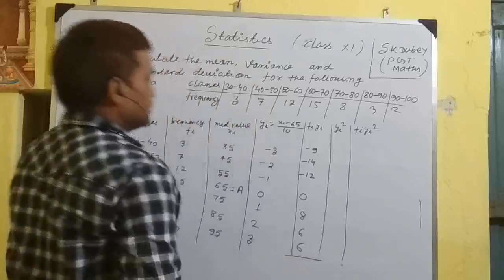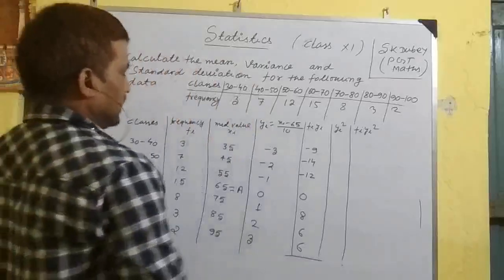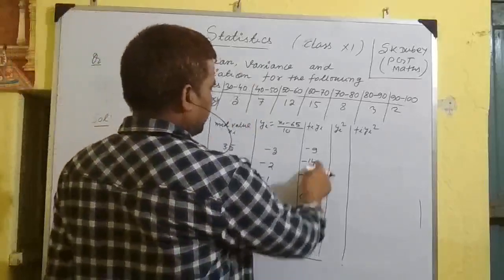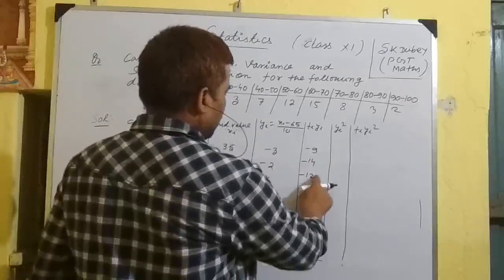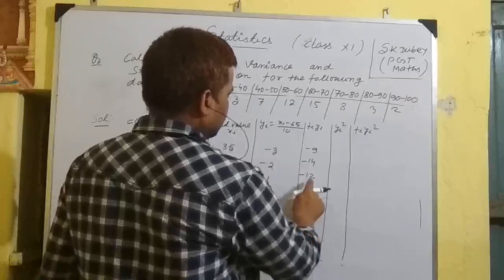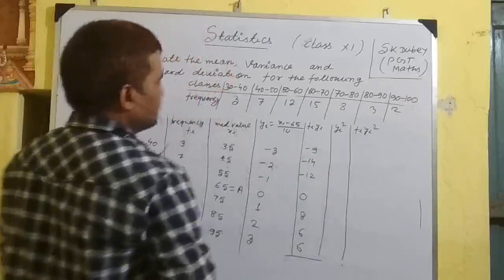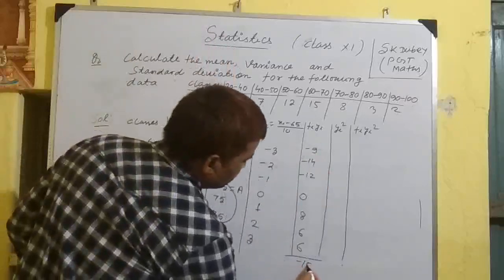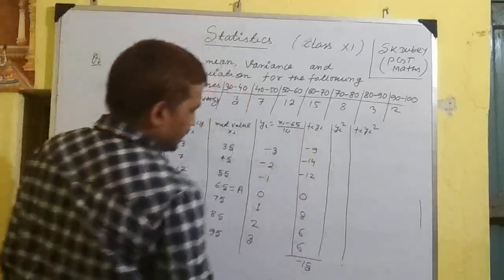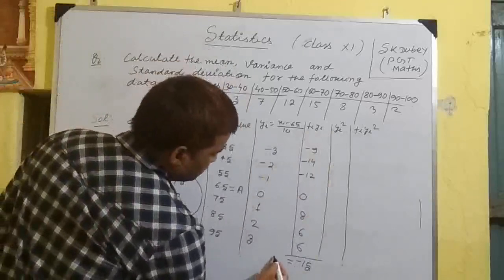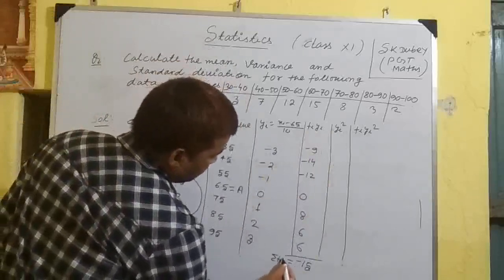Now the summation: 14 and minus 14 cancel, minus 12 plus 6 is minus 6, and minus 6 and minus 9, that is minus 15. The summation of fi yi is minus 15.